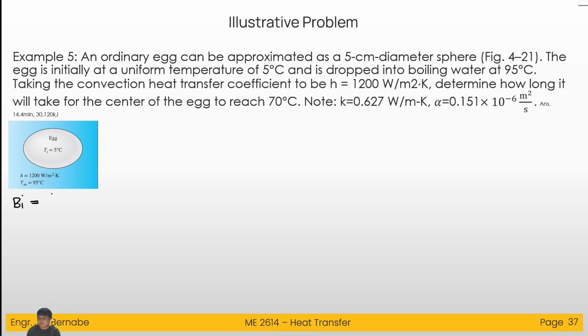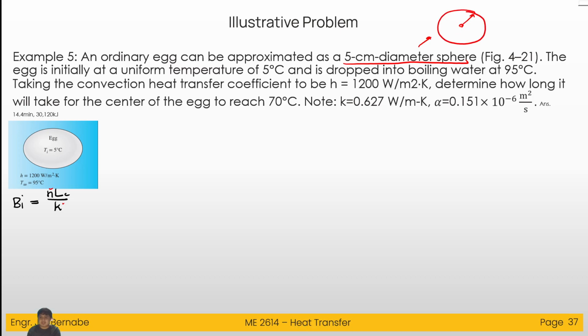So the Biot number is equal to h Lc over k. H and k are given, but what is the Lc? Imagine again, the characteristic length for a sphere. The Lc here is basically just the radius.